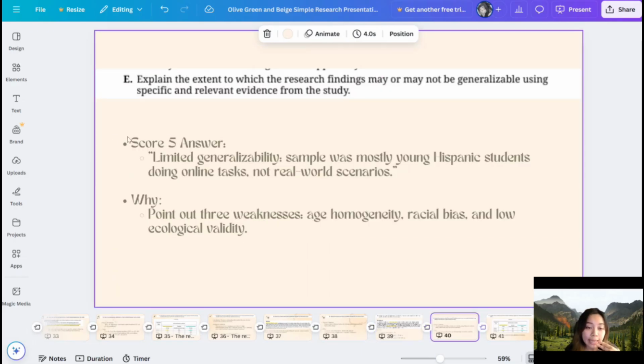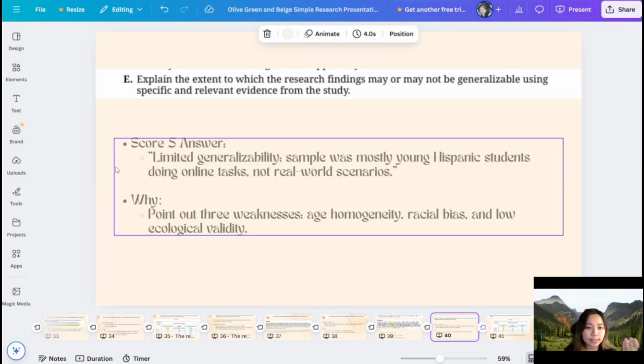So the answer is: limited generalizability. Sample was mostly young Hispanic students, right? Young college students doing online tasks, not real world scenarios. So why is this a good answer?